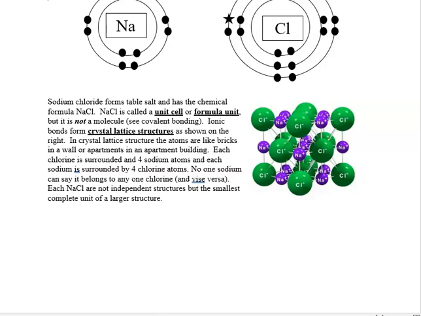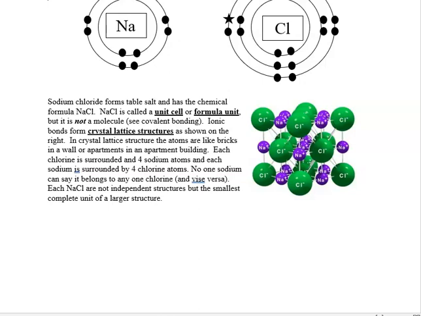So there's a one-to-one relationship between Na and Cl. Yet if you look at any one of those green Cl ions there, it's surrounded by 4 sodiums. So which one does it belong to? It doesn't belong to any one in particular. Again, it's like a brick in a wall.